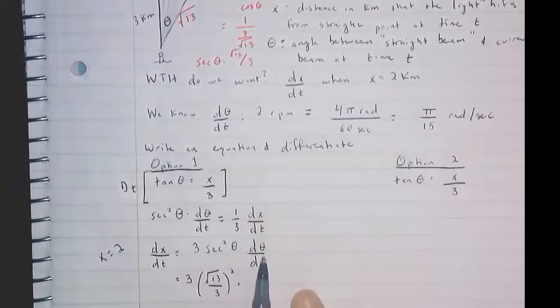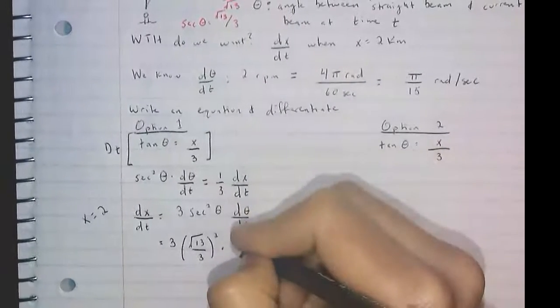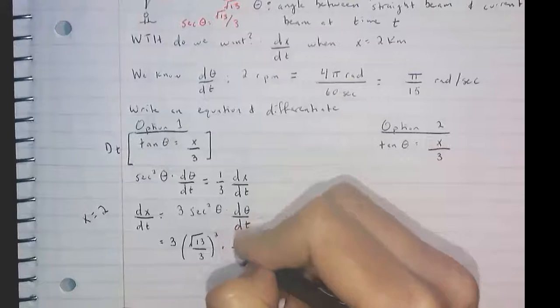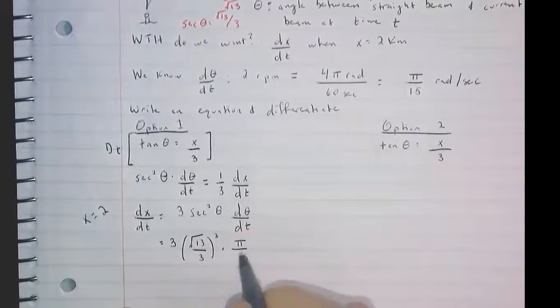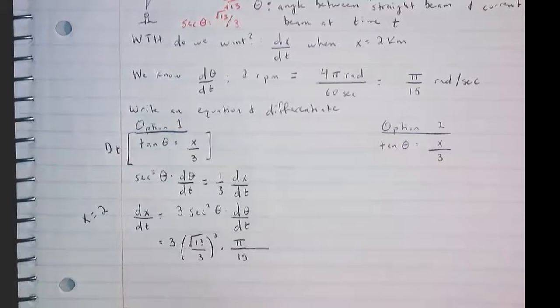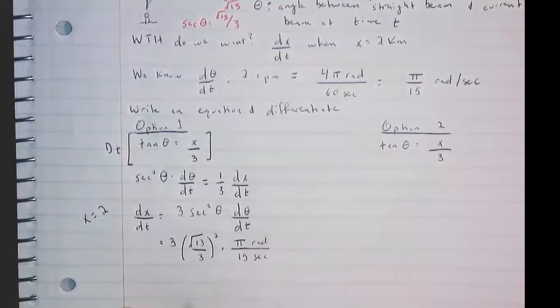And then d theta dt was the linchpin here, pi over 15. I am going to keep the radians per second here. That'll come into play.